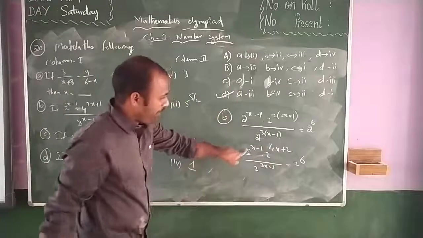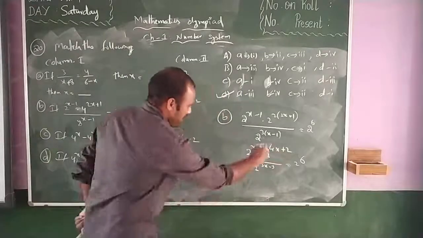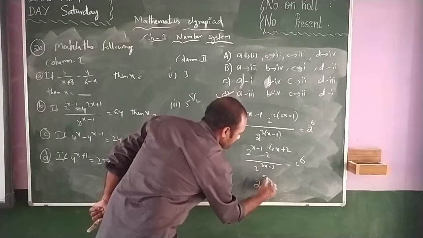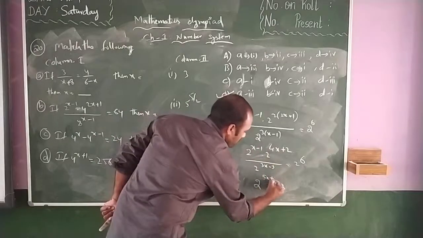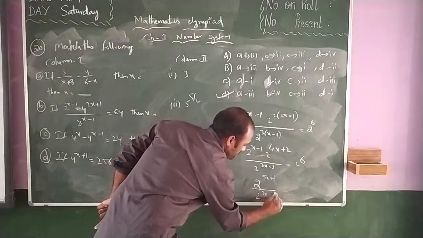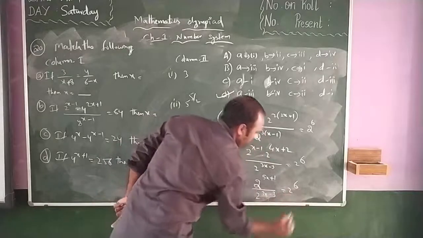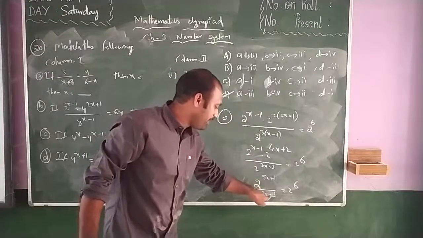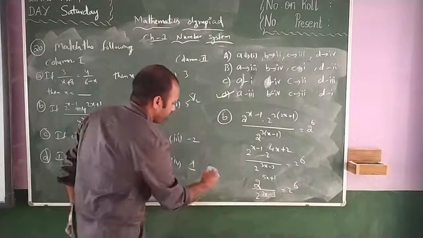So it is a power m into a power n, we can add the powers. That is 2 to the power of x plus 4x, 5x, minus 1 plus 2 plus 1, divided by 2 to the power of 3x minus 3, is equal to 2 to the power of 6. So it is in division, a power m divided by a power n, we can write a power m minus n.